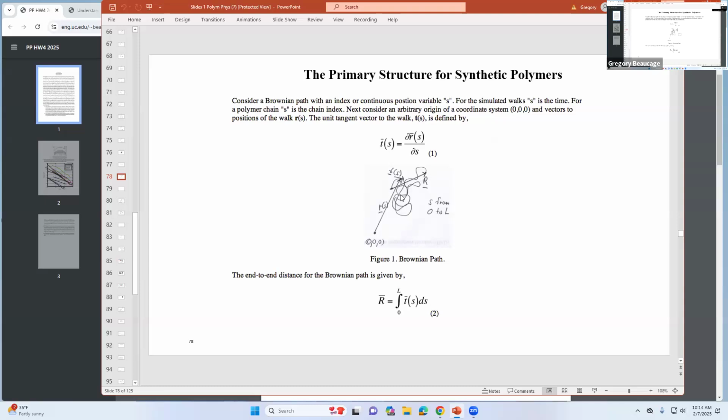Since the tangent is the derivative of the position with space, if you integrate it over the contour, then you'll get the end-to-end distance of the chain, like what the path led to between there to there, which on average would be 0. I mean, if you averaged a bunch of chains, you get 0 for that.